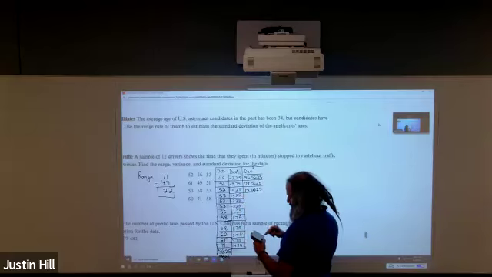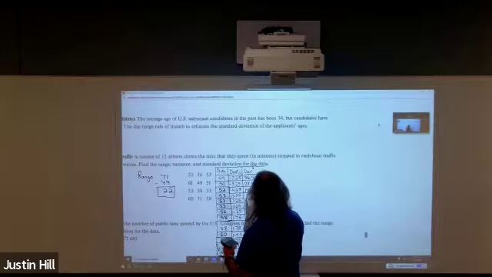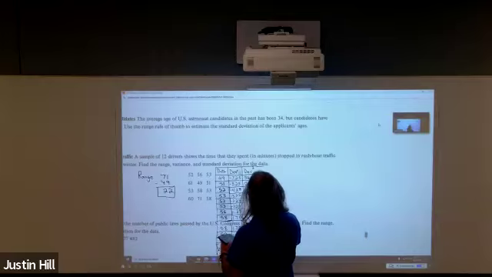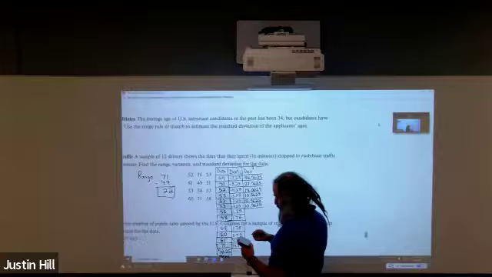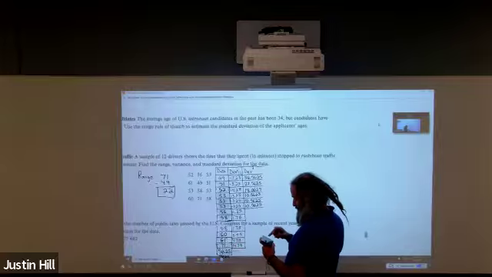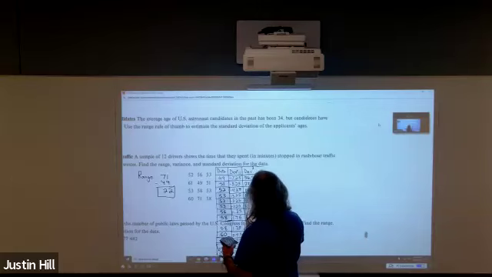And then our negative 3.25s squared, each of those is 10.5625. Negative 0.25 squared is going to be 0.0625.